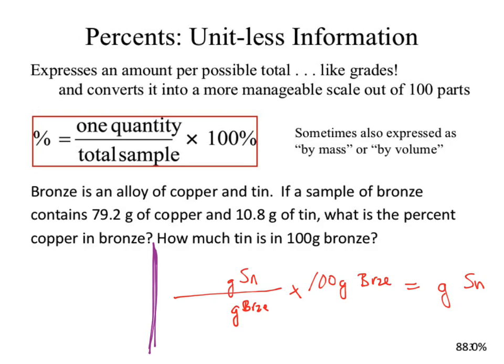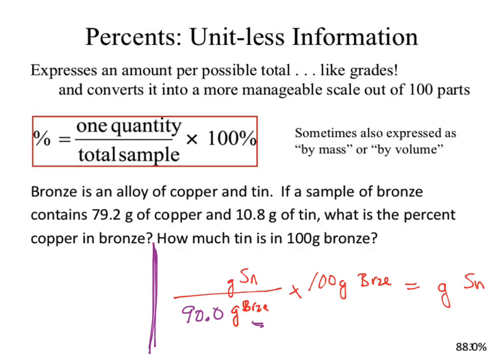Do we know the grams of tin? No. We knew from the previous question. If we use the previous context of the information, because that explains to us an alloy. What alloy? Bronze. Oh, so that gives us information about the bronze. Do we know the mass of bronze in that previous question? Yes. What is the mass of bronze? 90 grams.